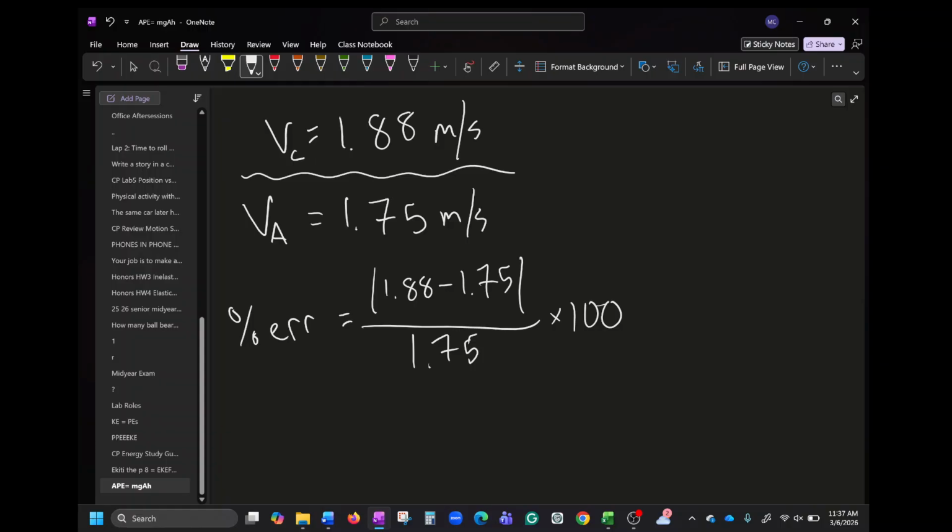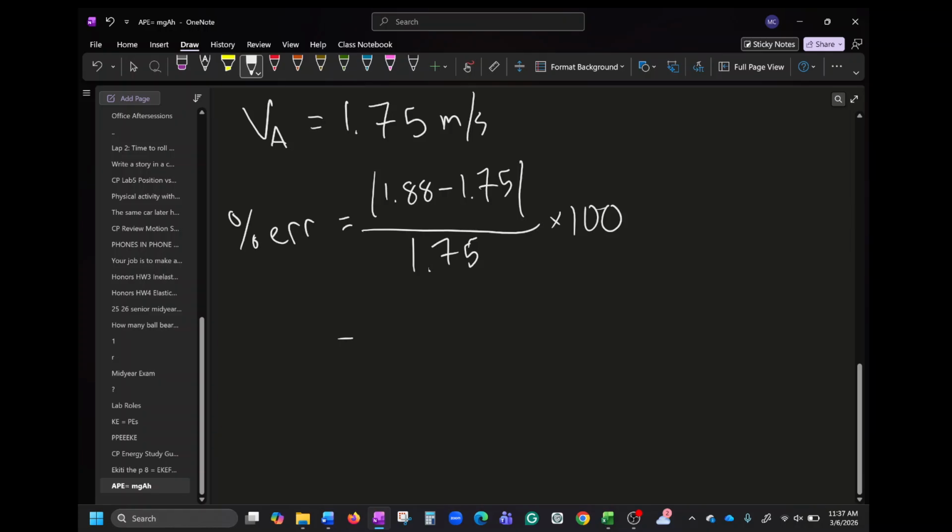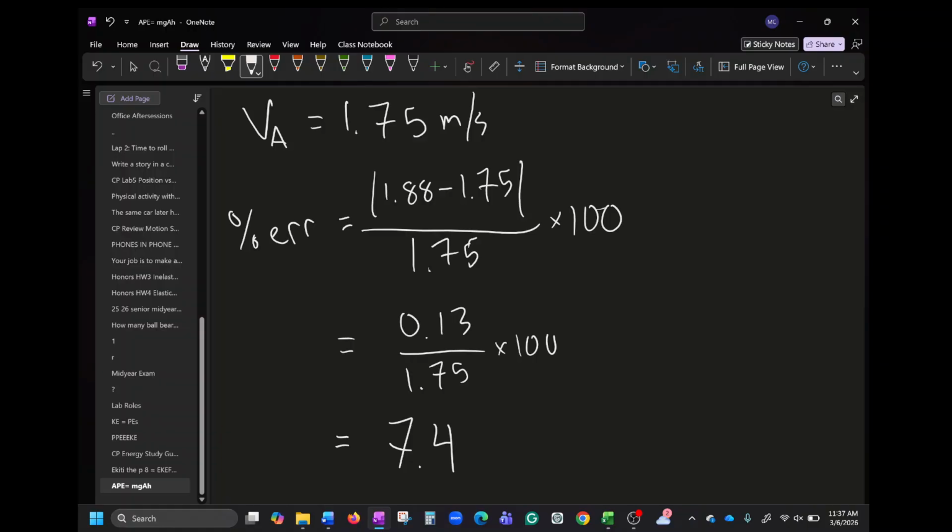So if we do that, we'll do 1.88 minus 1.75, giving us 0.13 over 1.75 times 100. Then this would give us a percent error of 7.4, let's call it 7.43%.